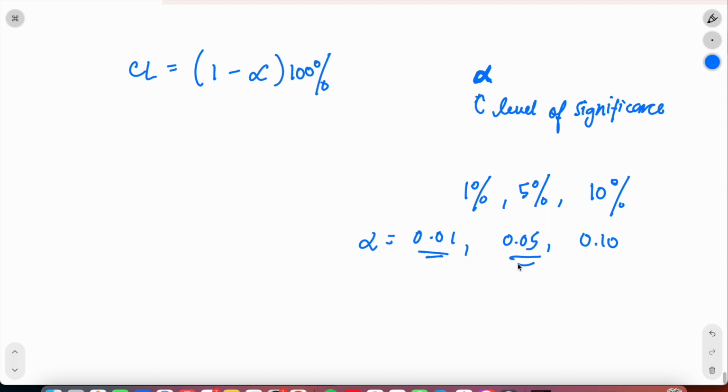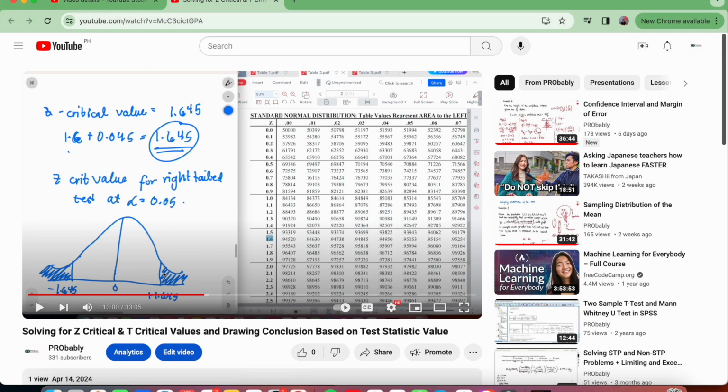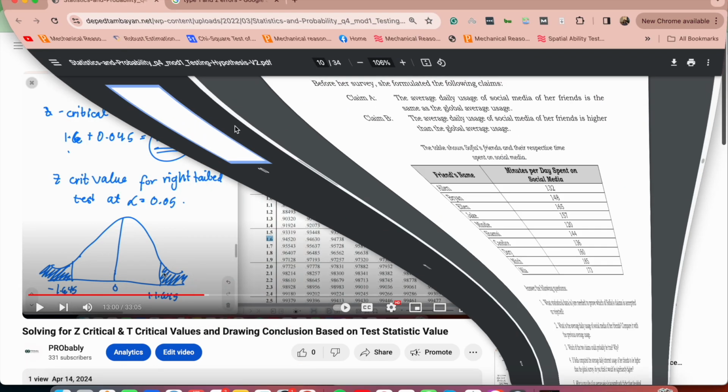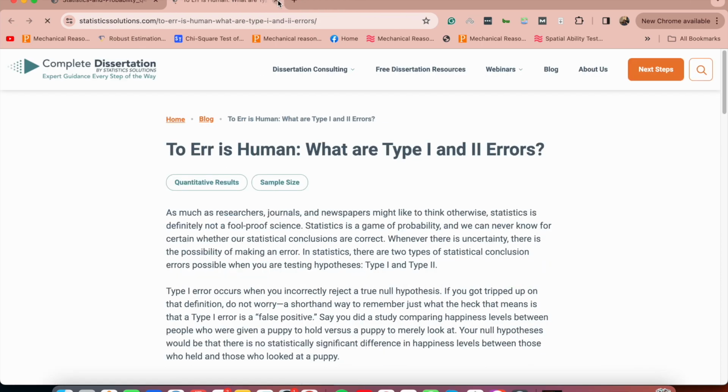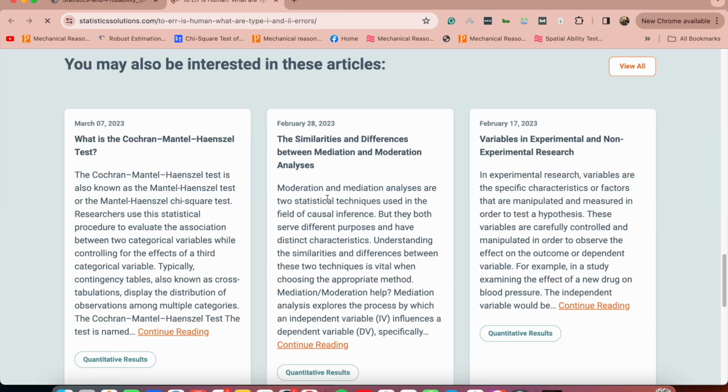I researched a meme here. To err is human.